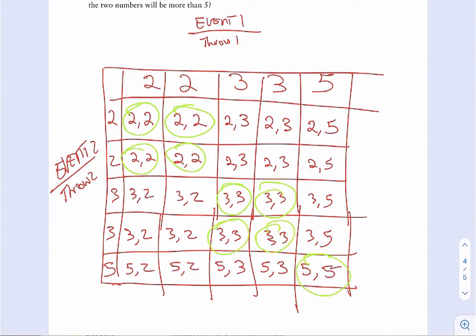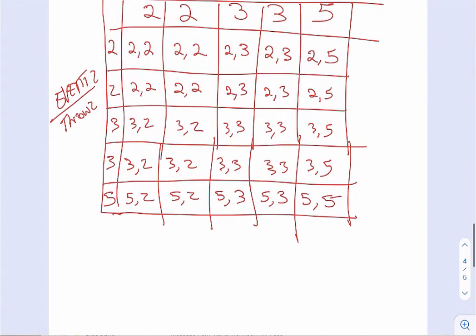So there's 9 of those. Okay, so on that one, we would put probability scores match. And that would be 9 out of 25. 9 to 25, and that would be 36%.